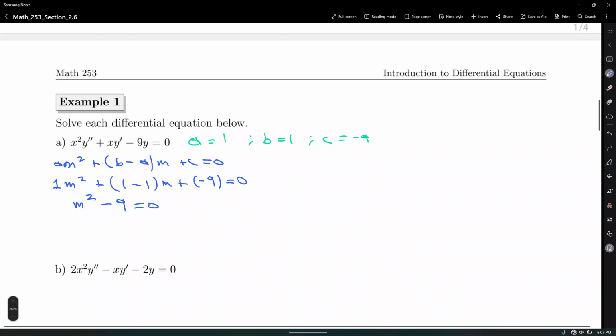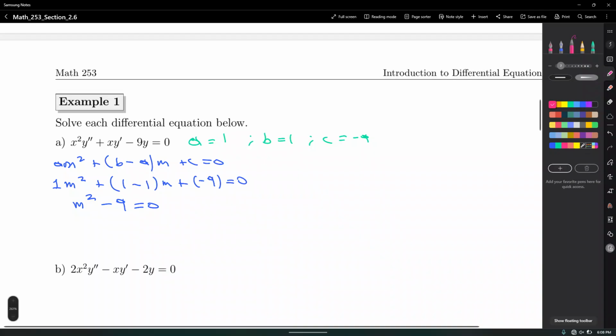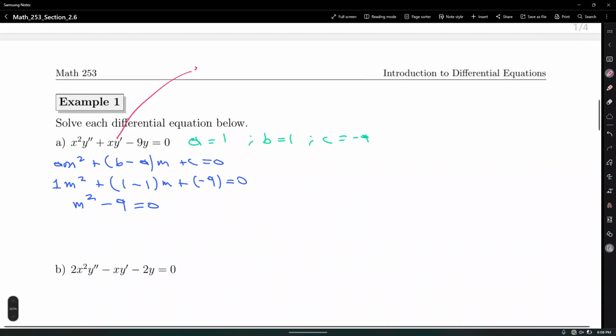All right. Do you see the form of the characteristic polynomial or auxiliary polynomial? It's totally different, guys. Check. You may think it would have been something like m squared plus m minus 9m minus 9.